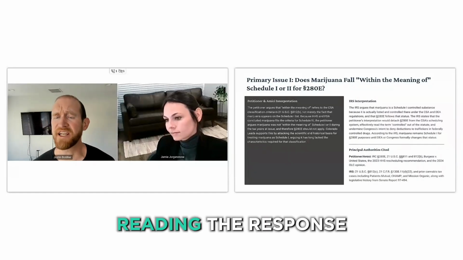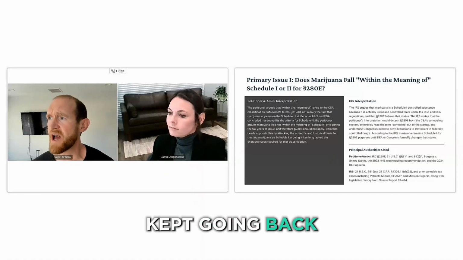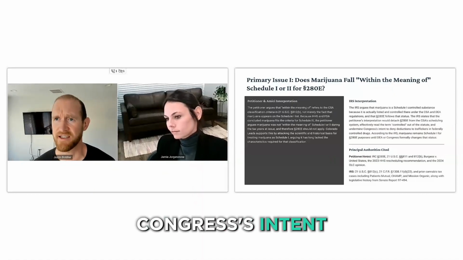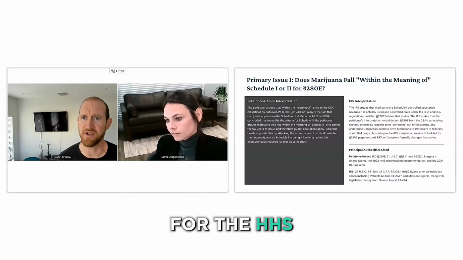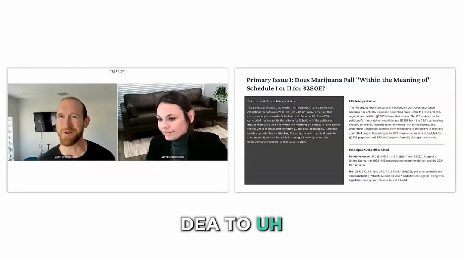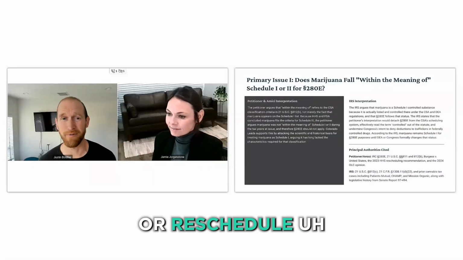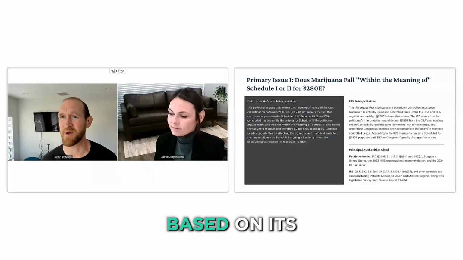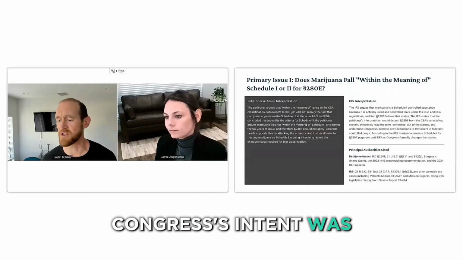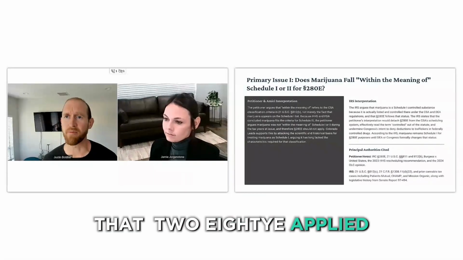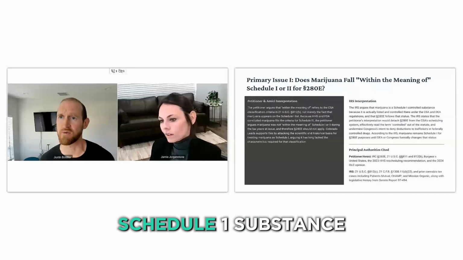After reading the response, it kept going back to what Congress's intent was. You touched on that: Congress's intent was for the DEA to take the HHS's recommendations and classify or reschedule a substance based on them. But in this case, it's saying Congress's intent was to make sure that 280E applied to cannabis because it included cannabis as a Schedule 1 substance.